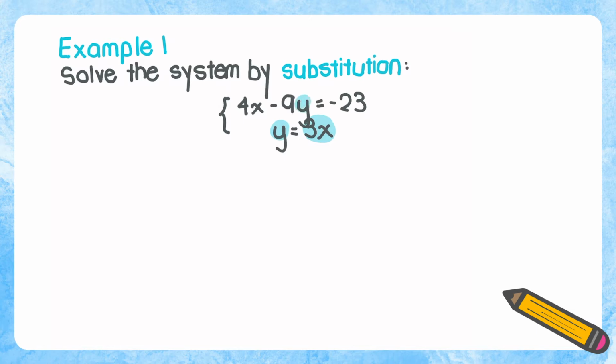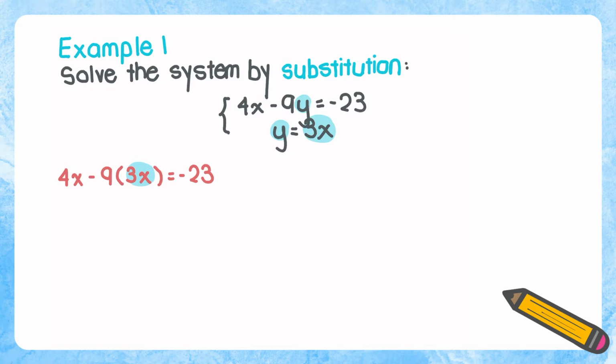So that means I can replace this top y with 3x. So I'll have 4x minus 9 times 3x equals negative 23. Here I replaced y with 3x.